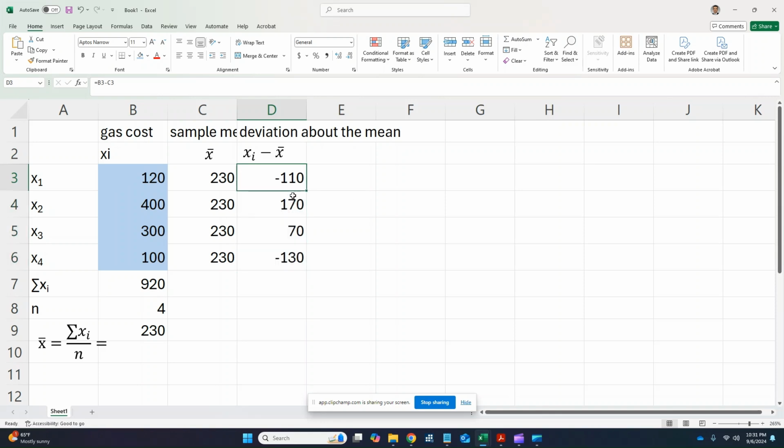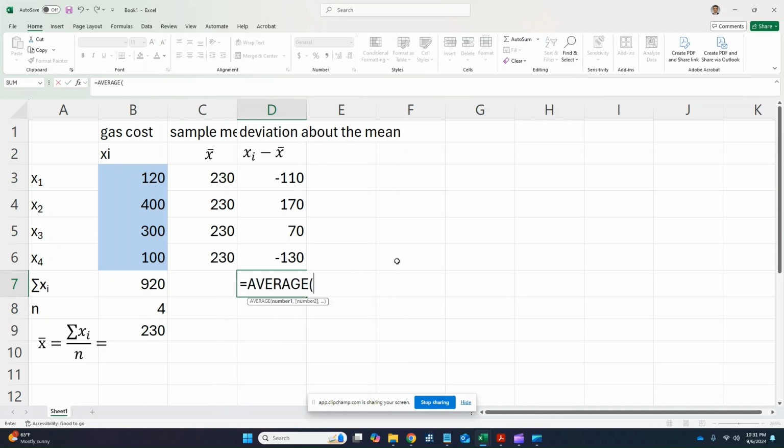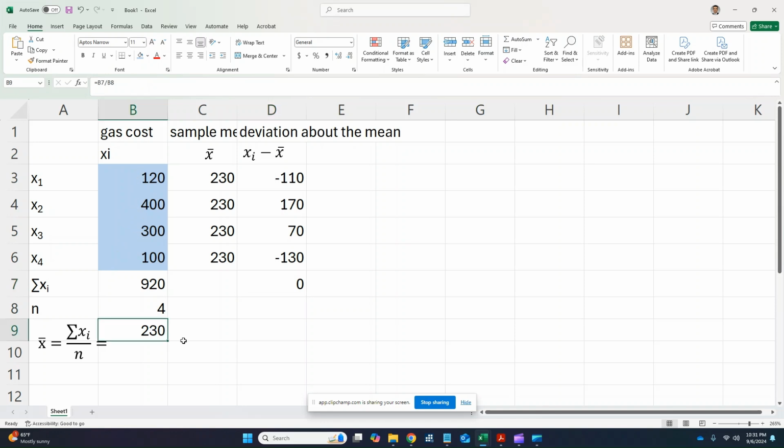Notice this first student spends $110 less than the average. The second student spends $170 more than the average. So there are variations in data. Now, if we calculate the average of these numbers, what we get is zero. Why? Because the mean is the measure of central tendency. You can see the data variation, but the mean, the average, the expected value, the center of all these variations is 230.